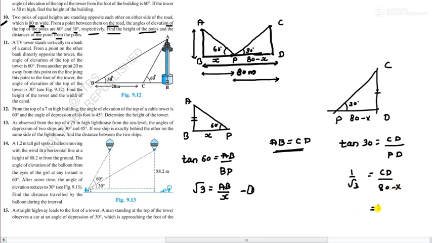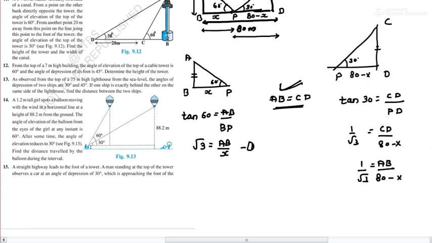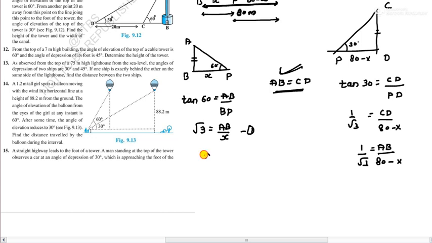Now I can write this CD as AB because of the given condition, AB equals CD. So AB by 80 minus X is equal to 1 by root 3. Now in both cases we have AB. Here it is root 3 into X, and here, if I do cross multiplication, AB is 80 minus X divided by root 3.